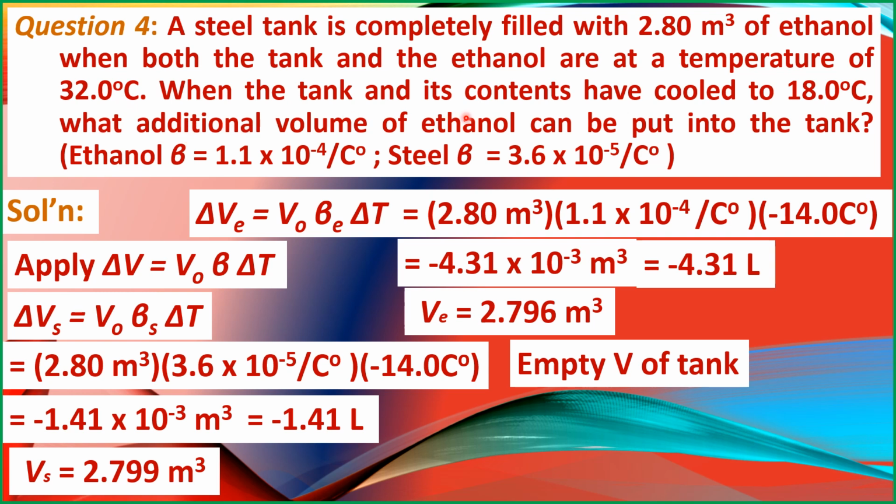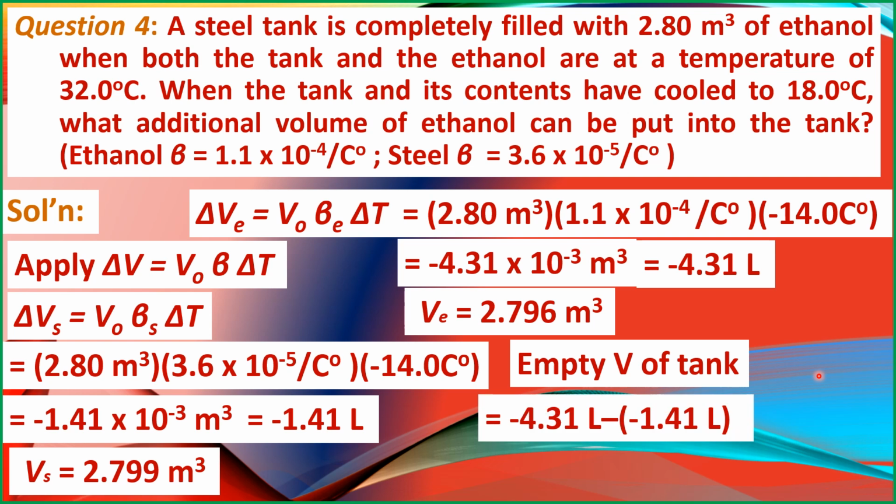What additional volume of ethanol can be put into the tank? We determine that by just subtracting the computed delta V for ethanol in liters, that is negative 4.31 liters, minus that of the steel tank in liters, negative 1.41 liters.